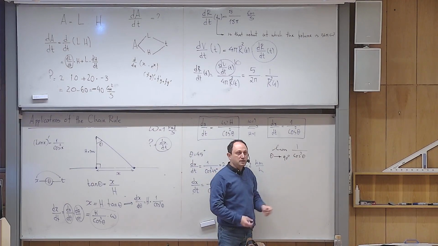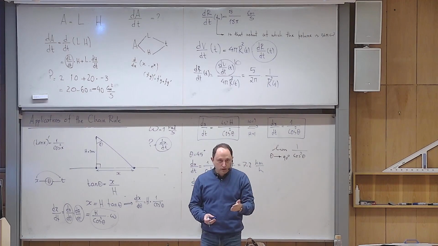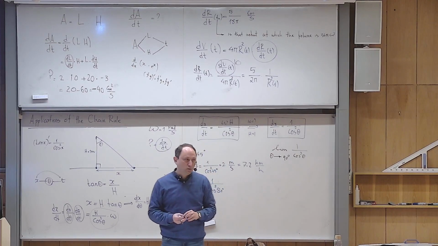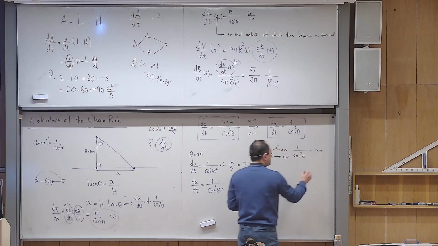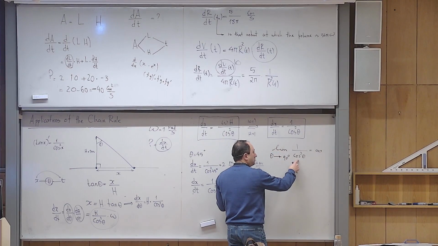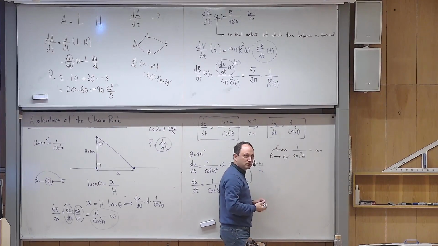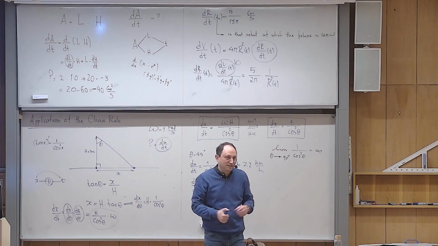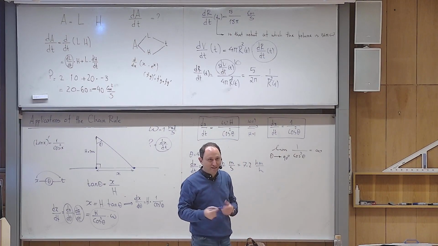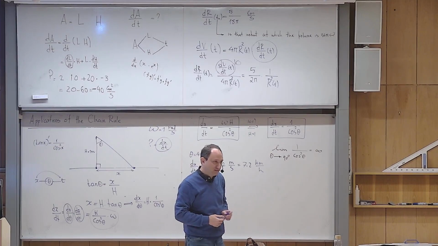Cosine theta becomes negligible, and 1 over negligible is infinity. What does it mean? When I say this limit is infinity, it means that I can make this number bigger than any positive number that I want. I can even make it bigger than 1 billion billion billion, let alone the speed of light. So that's the difference between physics and mathematics, yes?